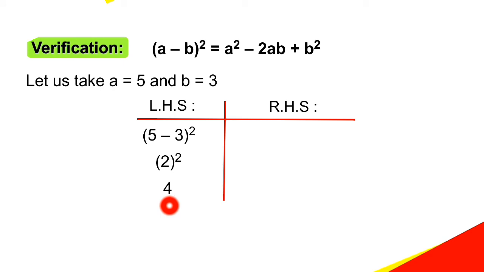Now we are going to substitute in the RHS. In the RHS, what do we have? A square minus 2AB plus B square. So substitute A equal to 5 and B equal to 3 in the RHS.